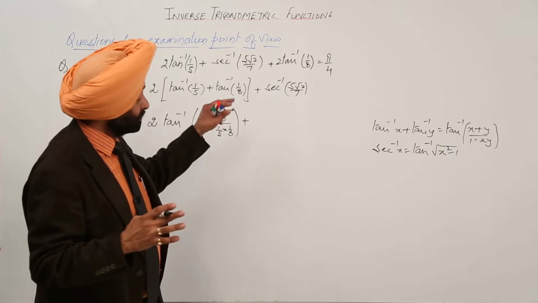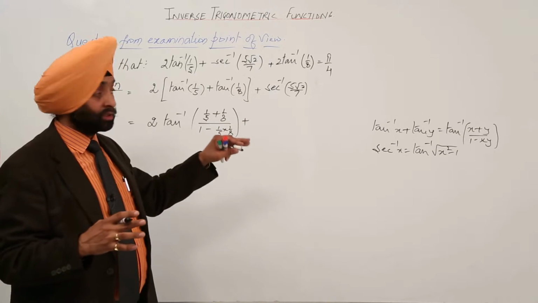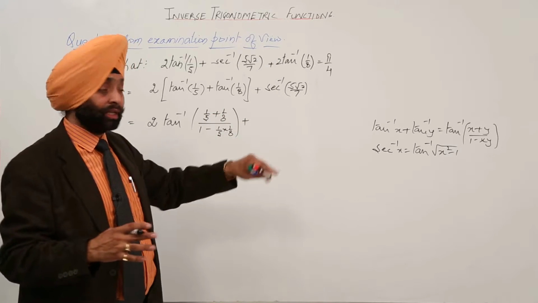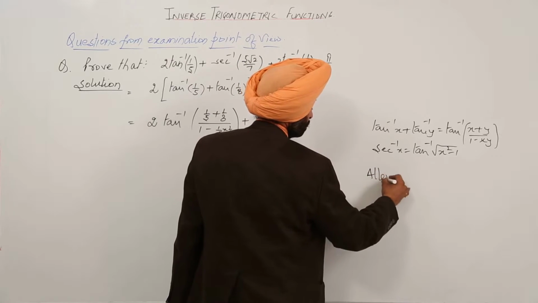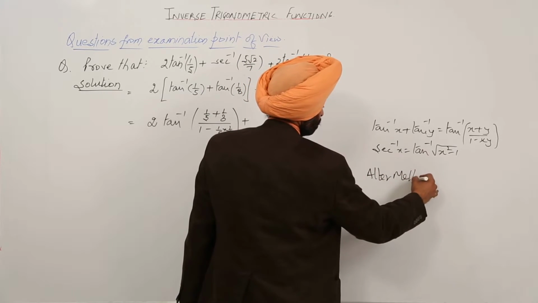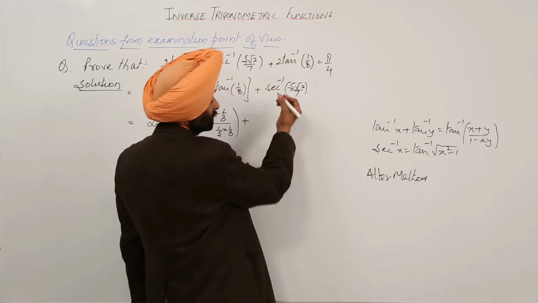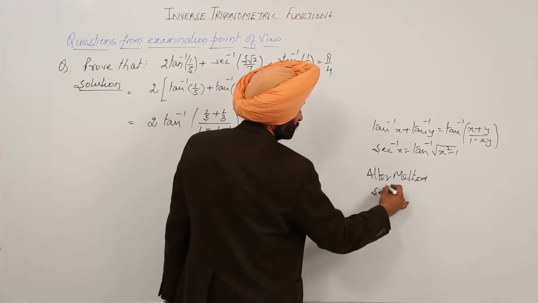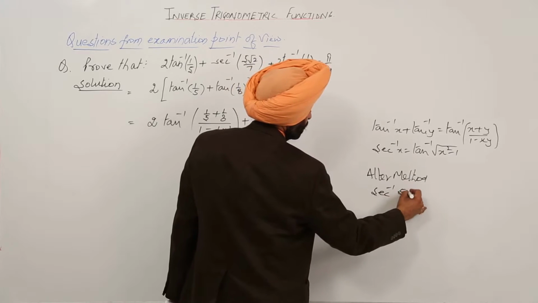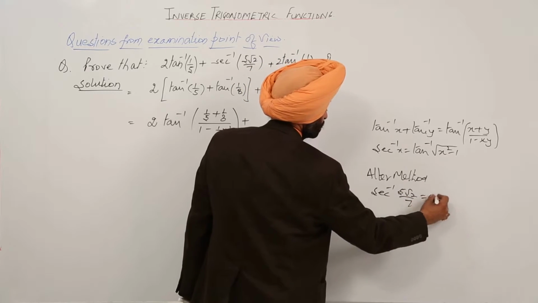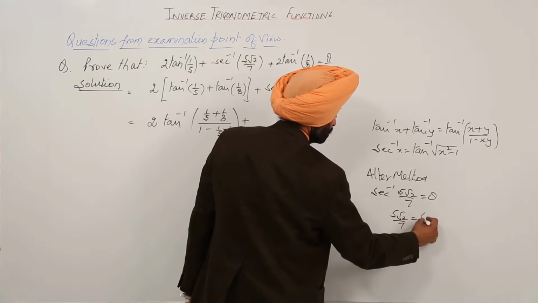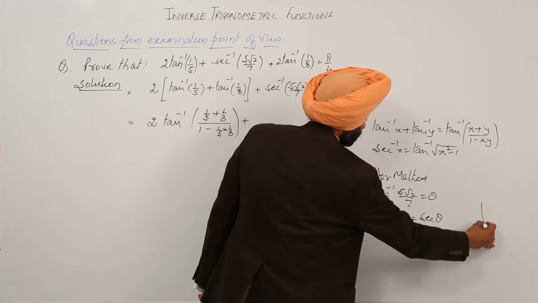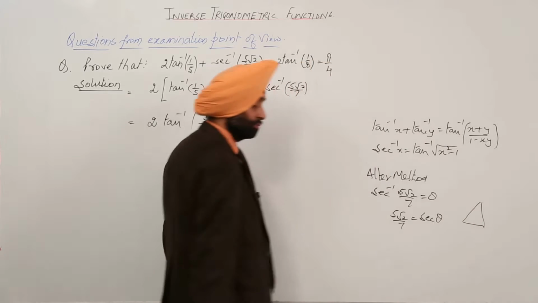If secant inverse 5 root 2 by 7 is equal to theta, you can use the alternate method for this part. Then 5 root 2 by 7 is equal to secant theta, and then you can make a diagram.